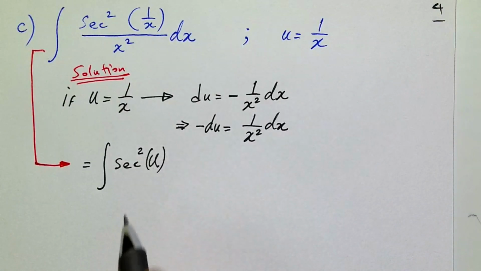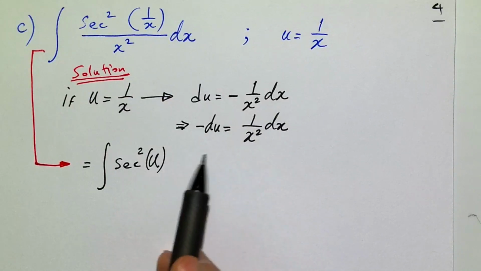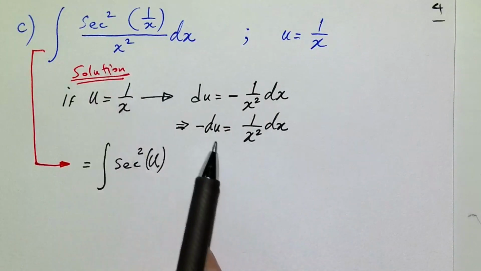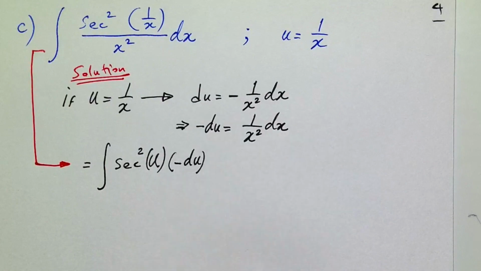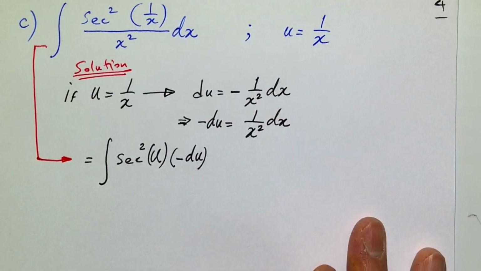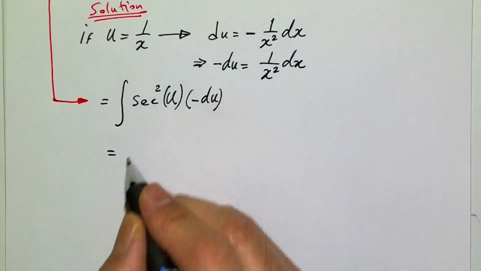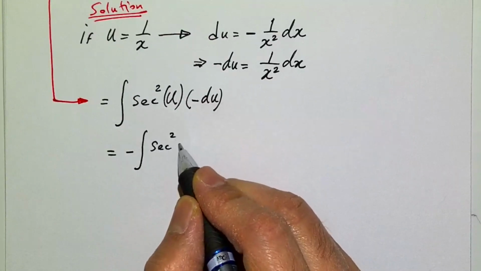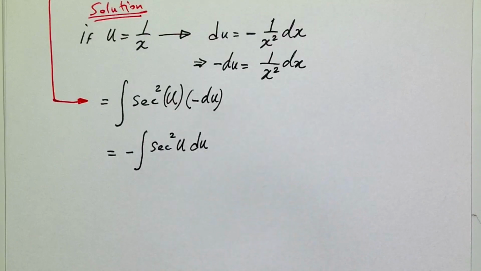Let me put it in parentheses. And then the rest of this, instead of dx over x squared, we have minus du. And of course, that minus can come in front. So we have minus secant squared u du, right?